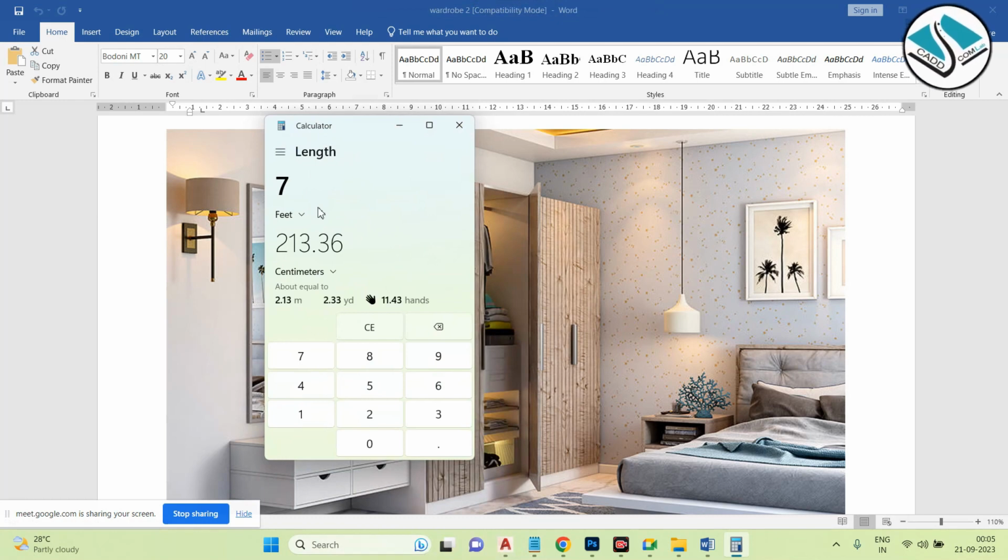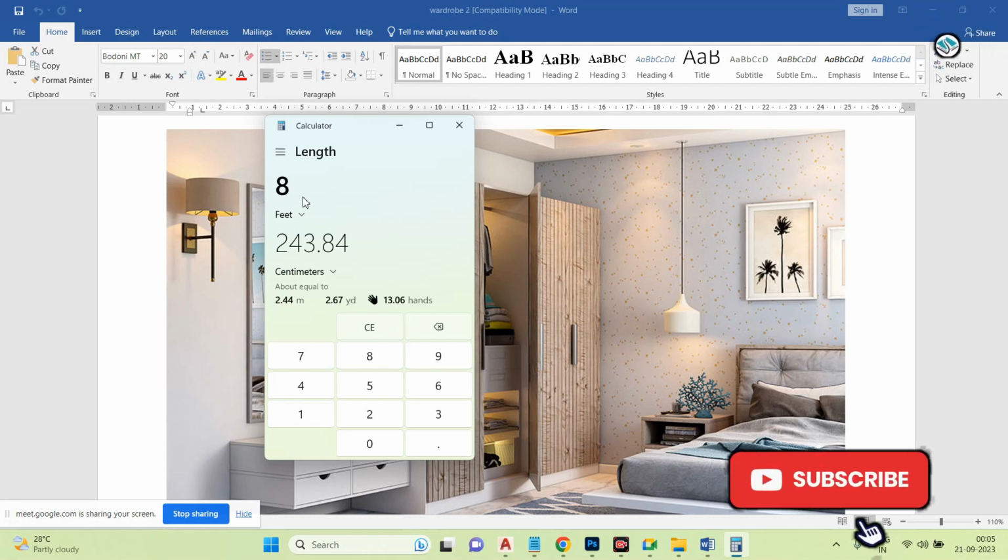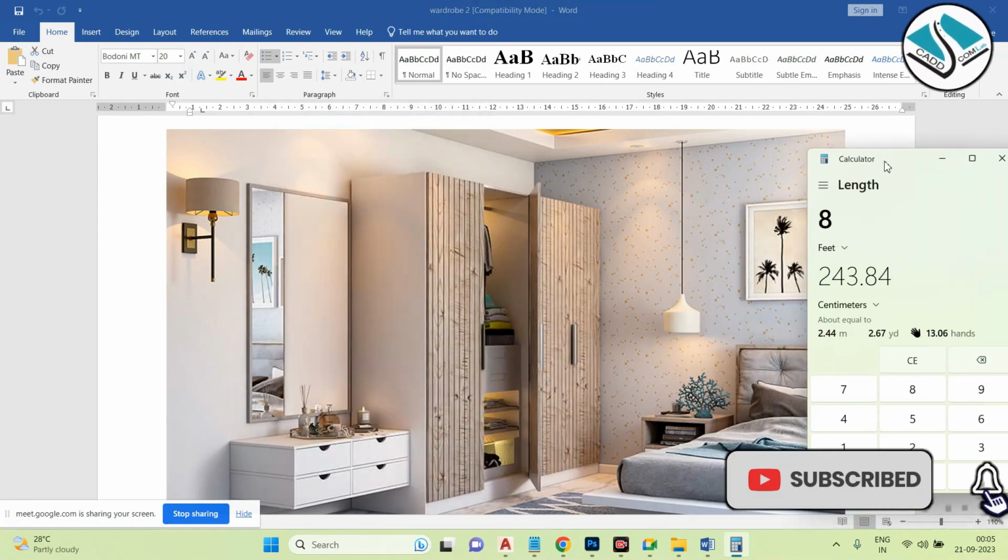7 feet. Okay, this is the standard, and you can go up to 8 feet, like 243. This is the limit. And this is a very important part.